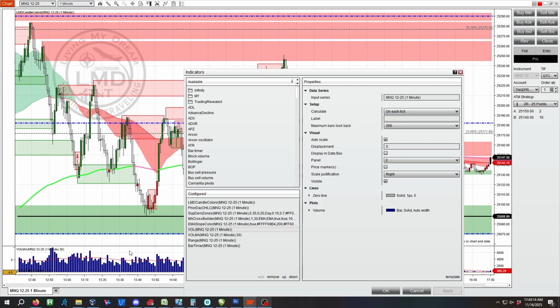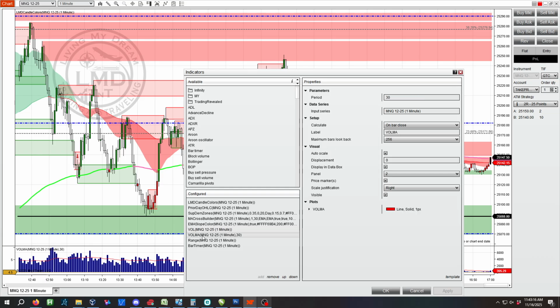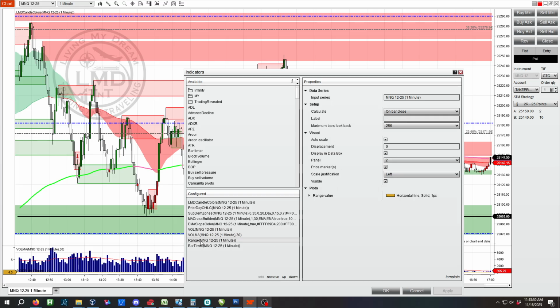Down at the bottom, I have volume, and what they call a volume moving average. It just gives you the average volume over a 30 period time frame, so 30 one-minute candles. I've got the range, just so I know what the last 1 minute candle's range was, and then a bar timer, basically just a clock on the chart so I know when the next bar is going to come in.